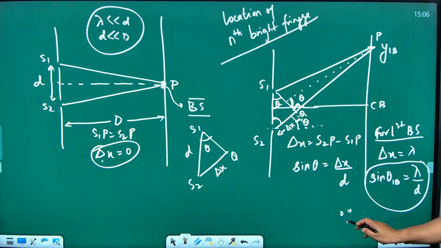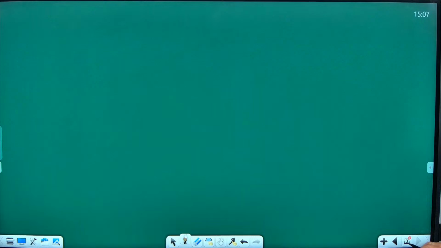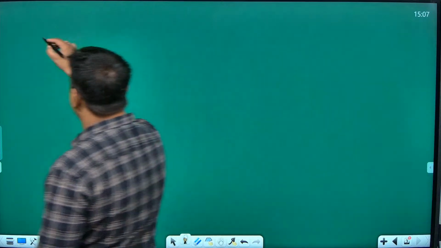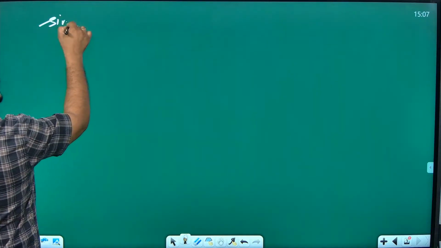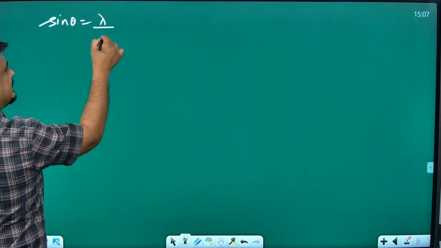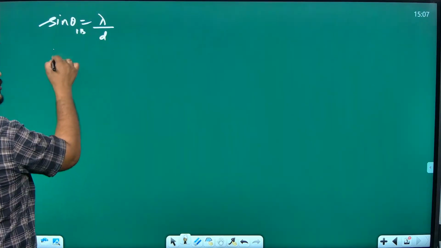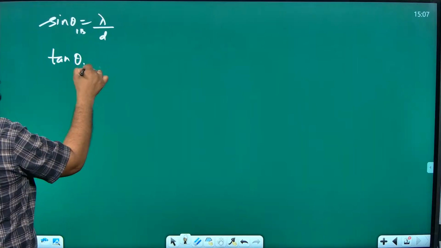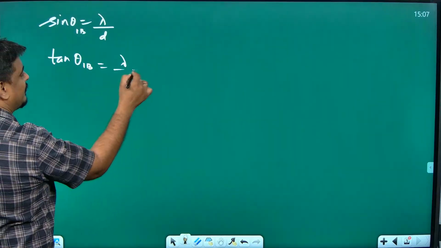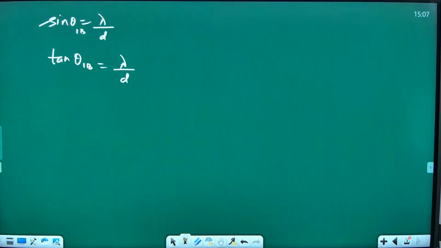Since sin theta is very small, I can replace it with tan theta. So in the previous place sin theta was equal to lambda by d for the first bright spot. I am going to write tan theta now for the first bright as lambda by d. How I made this change, you understood? By assumption that theta is very small.